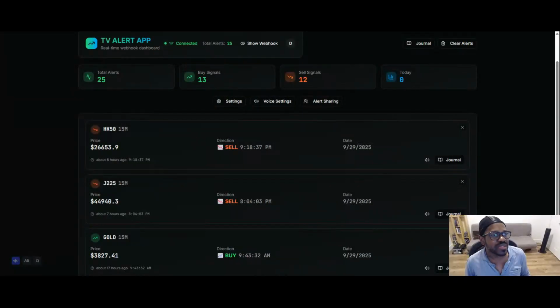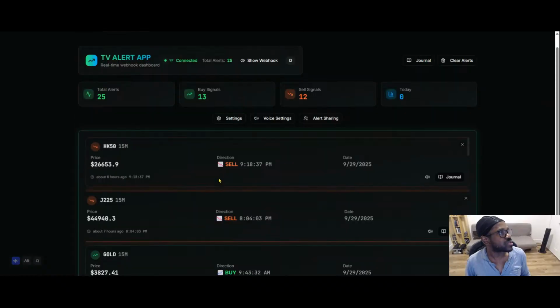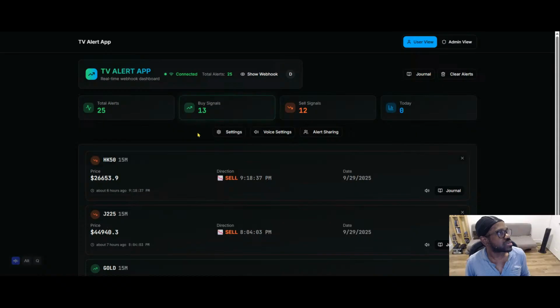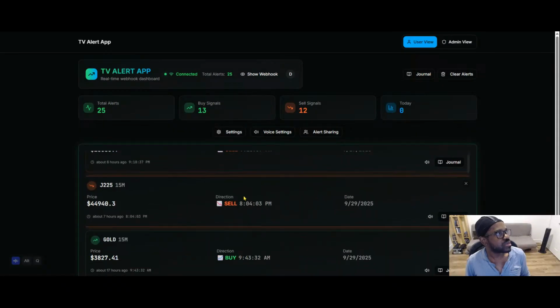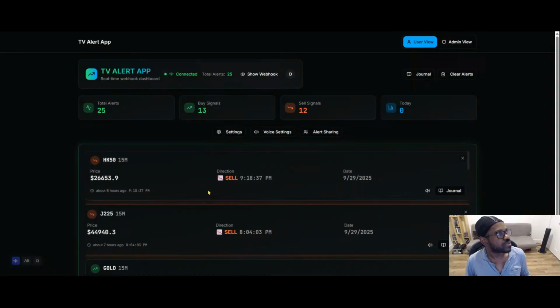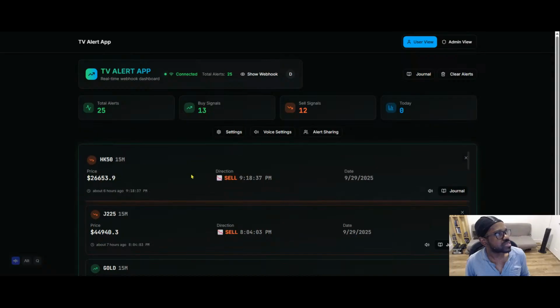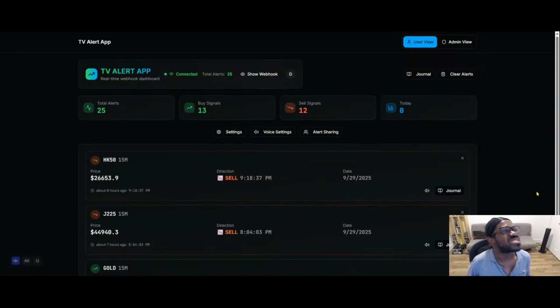So this is my institutional liquidity indicator here. It's an alert app that will provide you with buy and sell setups based off of index specifically. Basically what you need is really to look at if it's a buy or sell. You look at the price, you look at the symbol, and you make your decision if you want to take that trade or not. So that's good on that.